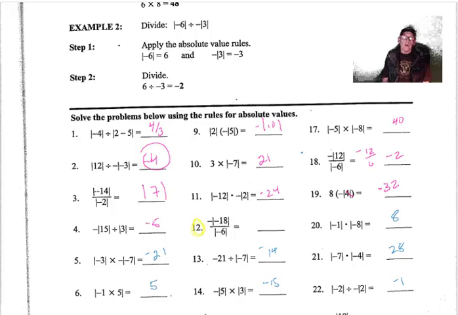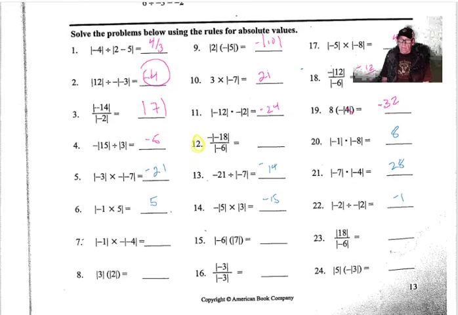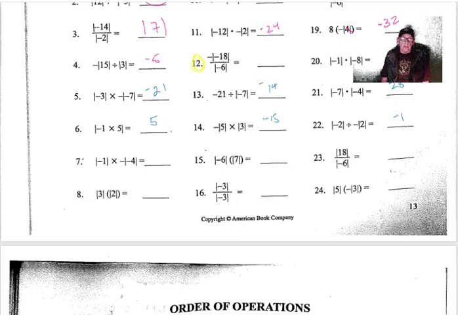Let me move up. Let's look at 7. A negative 1 times the absolute value of 1 times 4 is going to be 4, but we got the one negative sign there. That's going to end up being a negative 4.